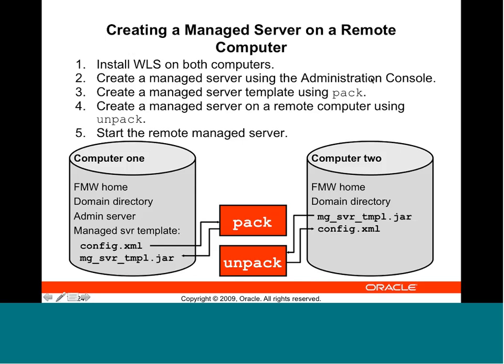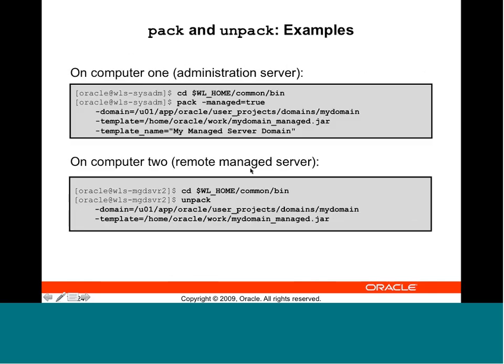Once you create it, you create a managed server template using pack, create a managed server on the remote computer using unpack, and then start. So you pack and then unpack. It transfers this file from here to here. It's like you are zipping it and unzipping it on computer two. Okay. So this is how you create it.